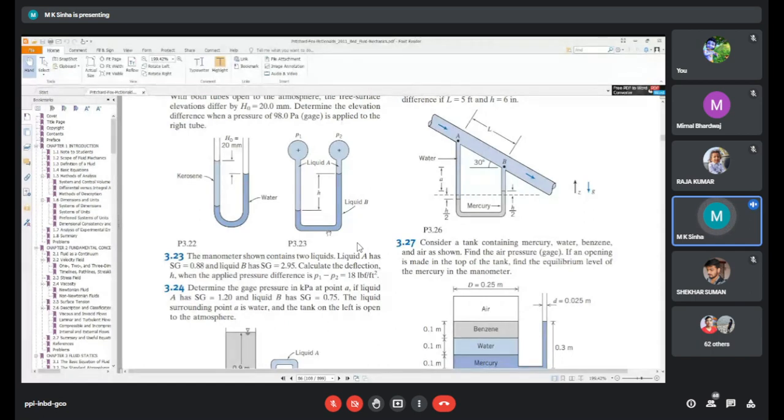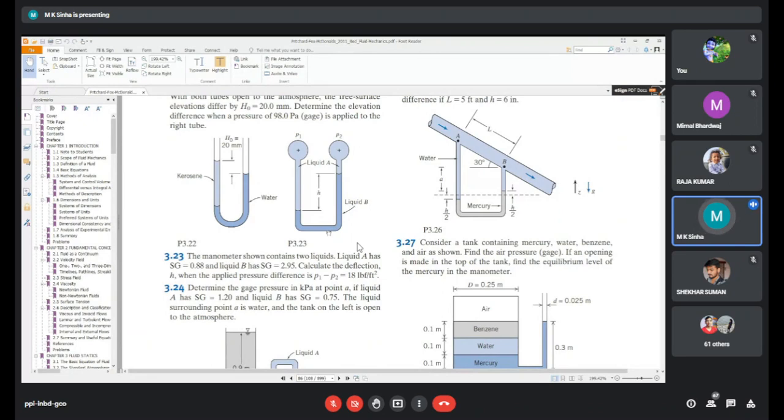Liquid A has a specific gravity of 0.88 and liquid B has a specific gravity of 2.95. Calculate the deflection H when the applied pressure difference is P1 minus P2 equal to 870 Pascal.